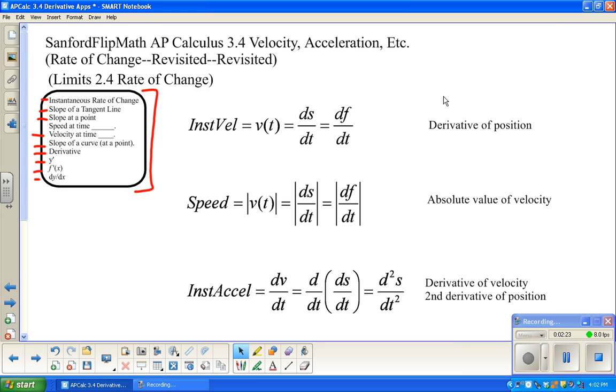I'm going to make a tiny little adjustment here. It's certainly related to speed if we ignore the direction issue. And so it's pretty close. Okay. All right. So I'm just summarizing some of the stuff that we're going to be playing around with here. Instantaneous velocity, again, is a synonym for derivative.